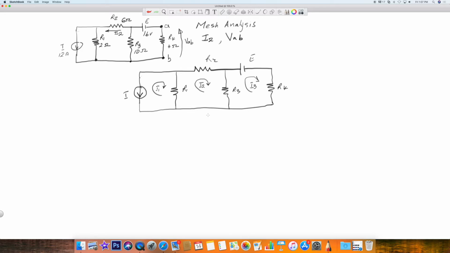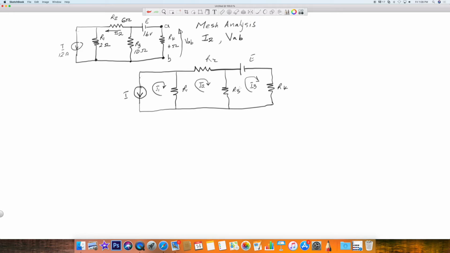Okay? Now, these are going to evaluate branch currents. So in other words, let's say the current going through R1 will be a combination of I1, I2. The current that's going through here is the same. So I1 technically is I.